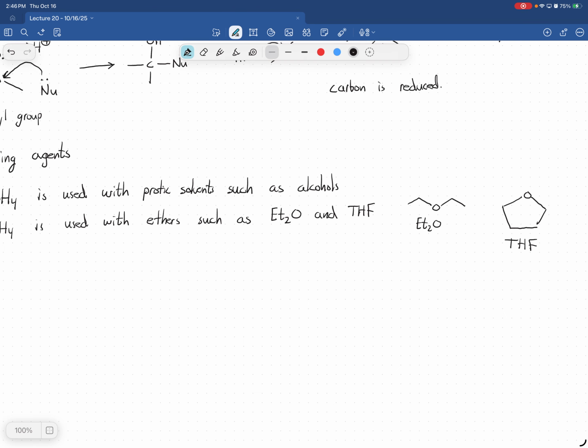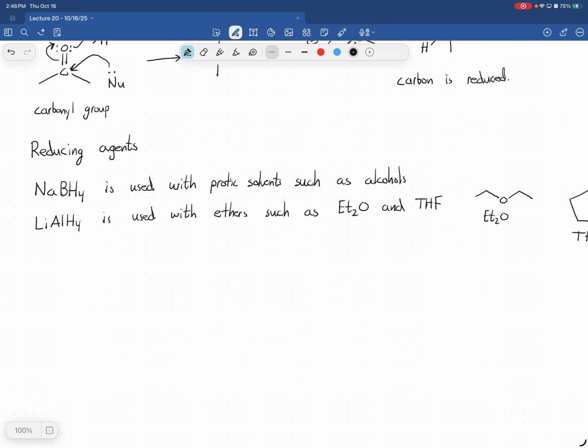All right. So let me tell you why we don't use methanol for the second one. Protic solvents react with LiAlH4. This is not a problem with sodium borohydride, NaBH4, because it's not as reactive.